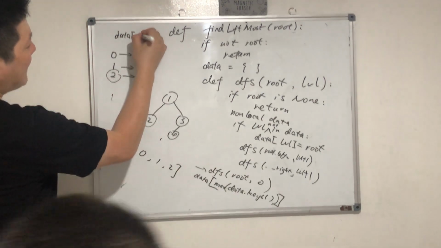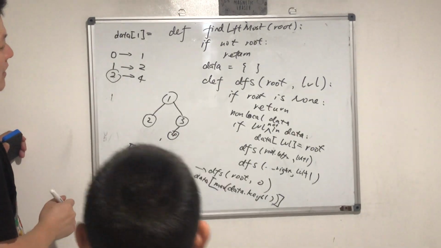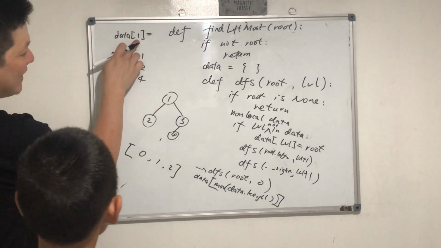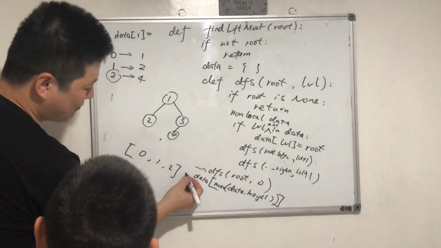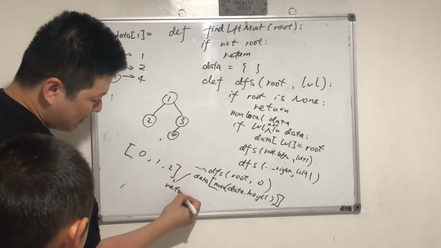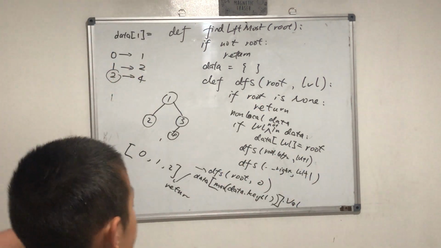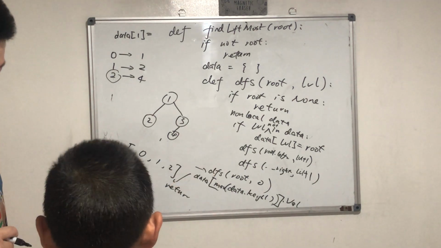Okay, data 1 equals what? Data 1 equals 2. Look, this is the key, and then it returns the value. That's the dictionary, the hash map. We can just return this one. Dot value, if we want to return the value. Okay. Does it make sense?